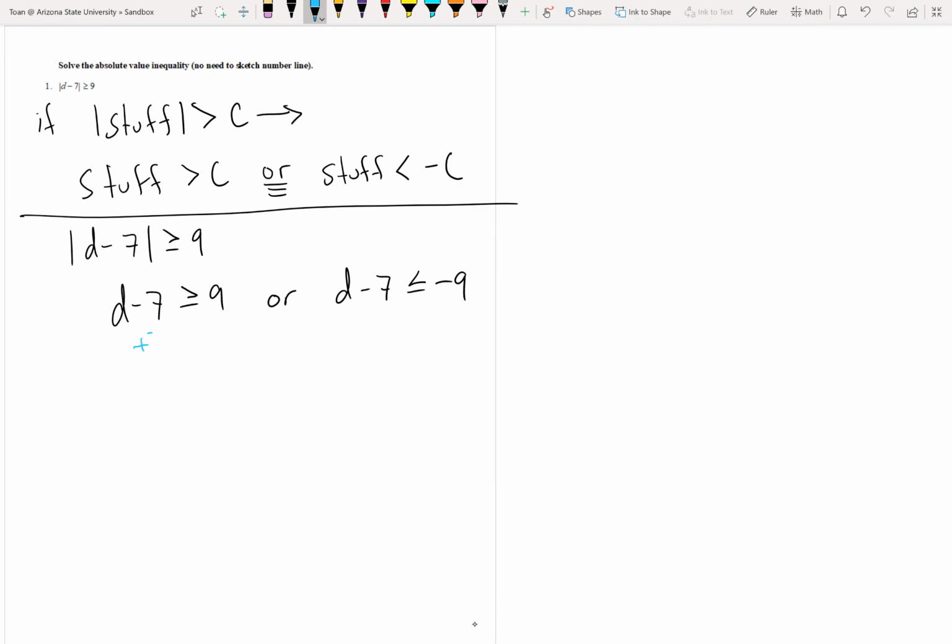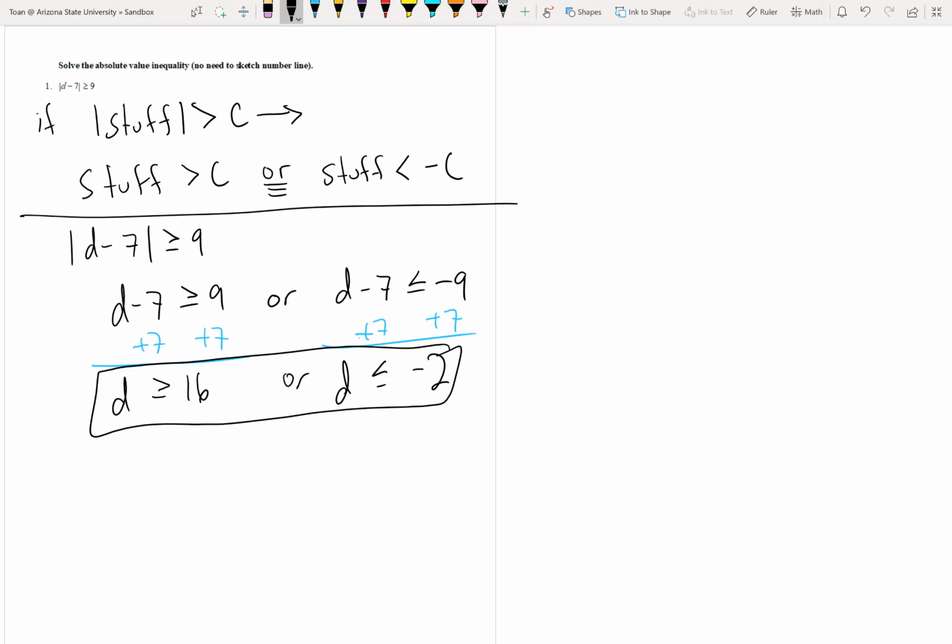Go ahead and add 7 to both sides, and you get d is greater than or equal to 16, or if we add 7 to both sides here, we get d is less than or equal to negative 2. Now the full complete answer would be this entire thing. It is a compound inequality, so you have to put the or there. That concatenates both answers together.